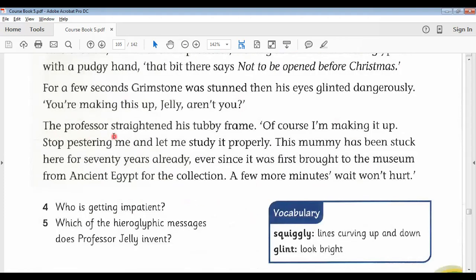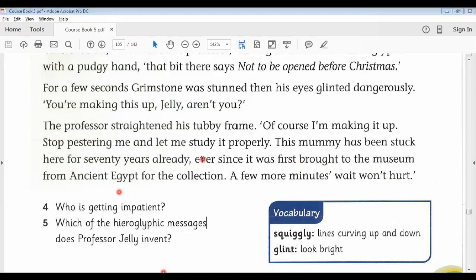The professor straightened his tubby frame. "Of course I'm making it up. Stop pestering me and let me study it properly. This mummy has been stuck here for 70 years already, ever since it was first brought to the museum from ancient Egypt for the collection. A few more minutes' wait won't hurt."